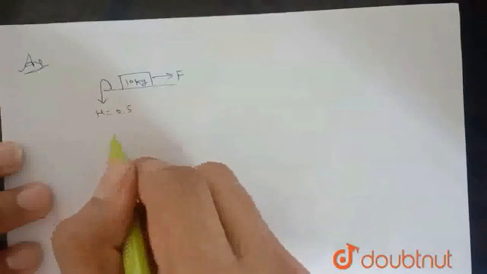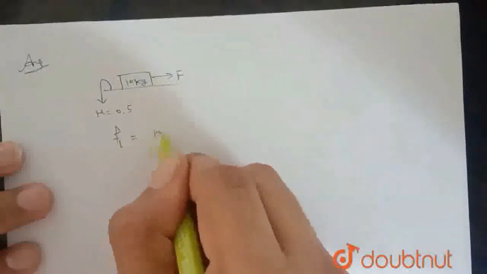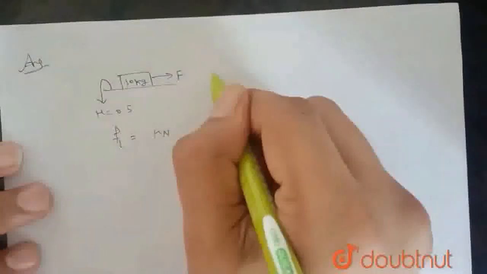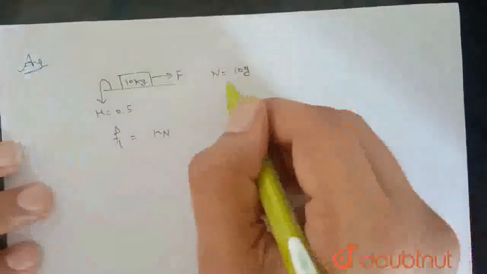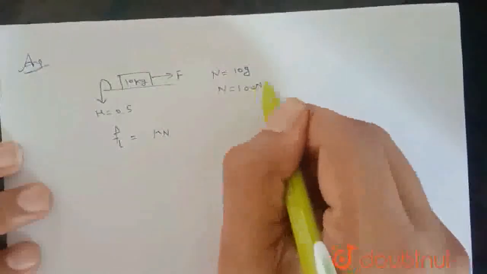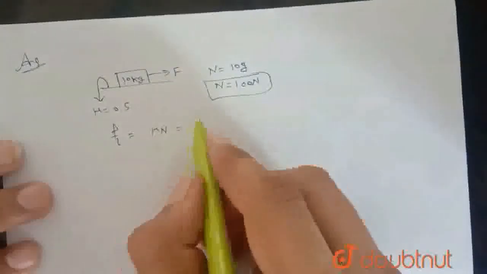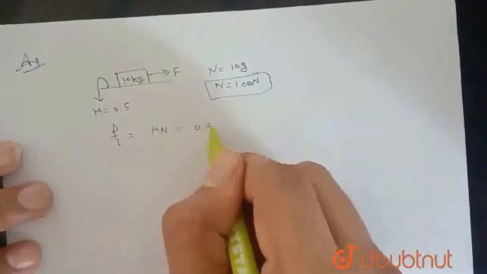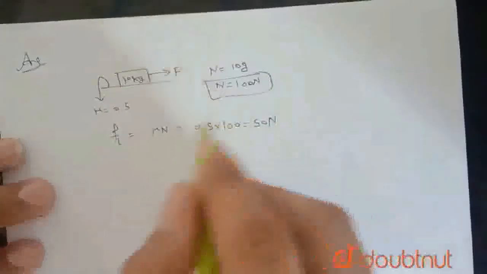Now first we will calculate limiting friction, which is mu N. N will be 10 g, which will be 100 Newton. So limiting friction will be 0.5 into 100, which is 50 Newton.